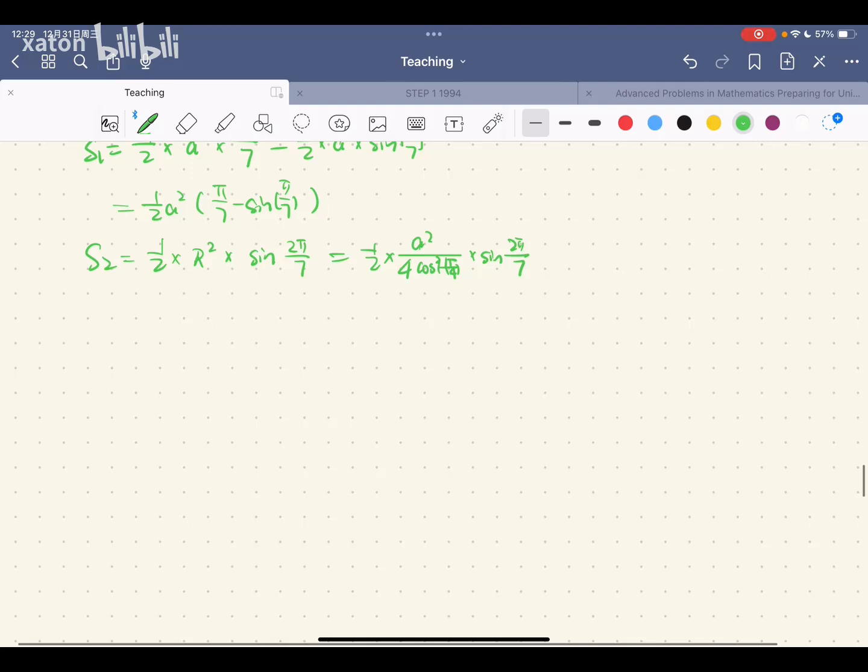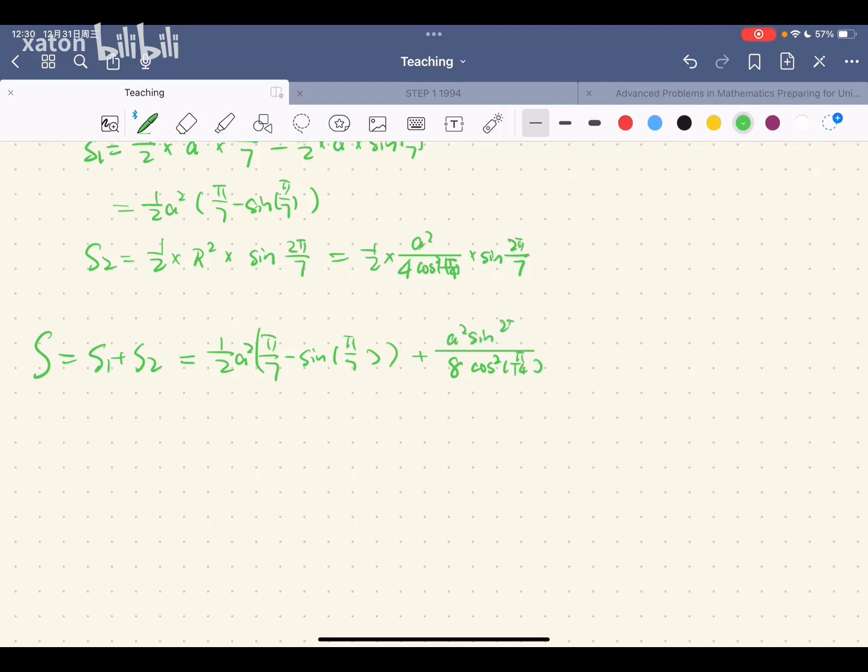The final result, S1 plus S2, which is the S we want, equals 1 over 2 R squared times 7 pi over 7 plus 8 times sine pi over 14 sine pi over 7.